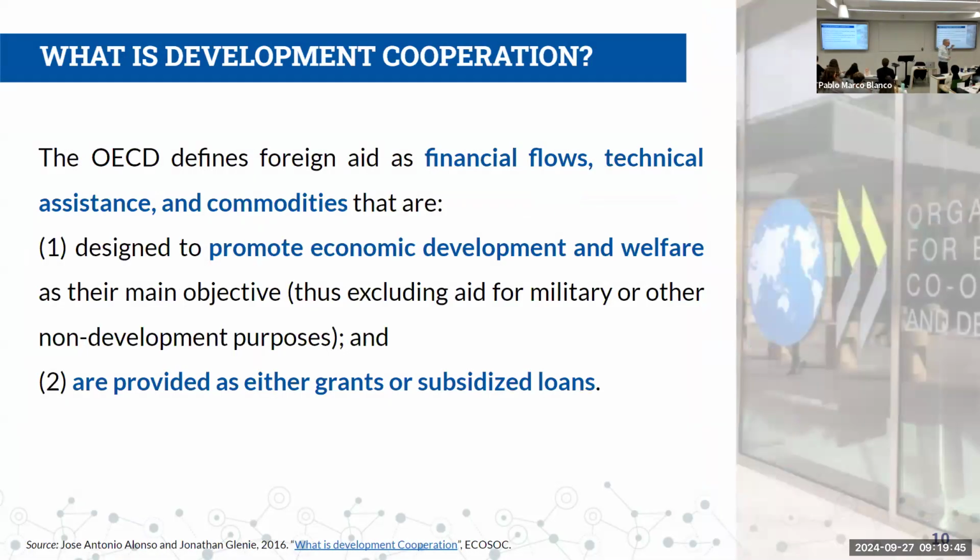Now, let's go to some official definitions. First of all, the OECD, the Organisation for Economic Co-operation and Development, defines foreign aid as financial flows, technical assistance, and commodities that are, one, designed to promote economic development and welfare as the main objective, and two, provided as either grants or subsidized loans, which means loans in very preferential conditions.